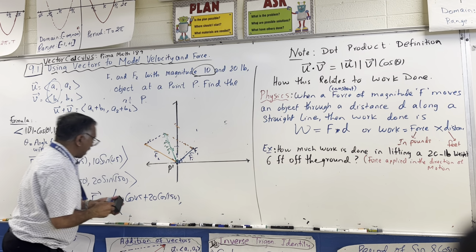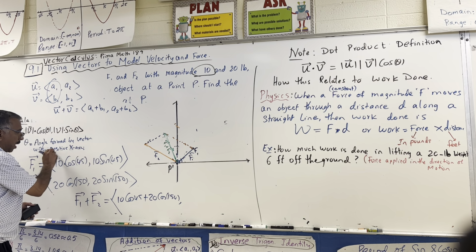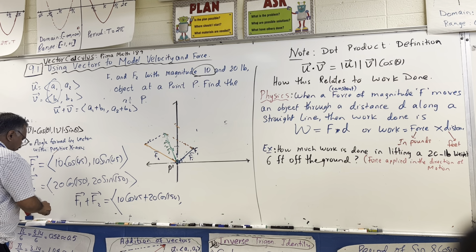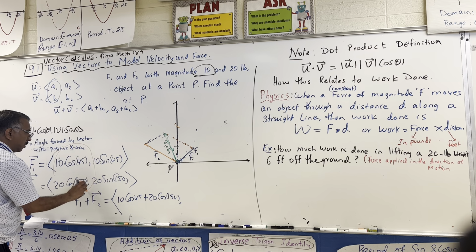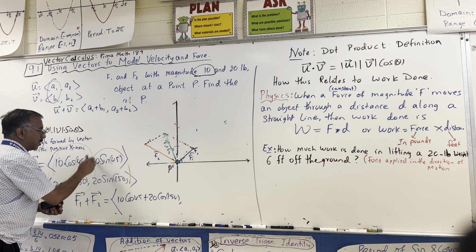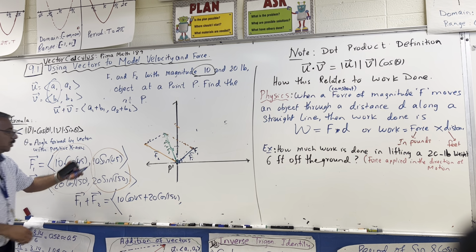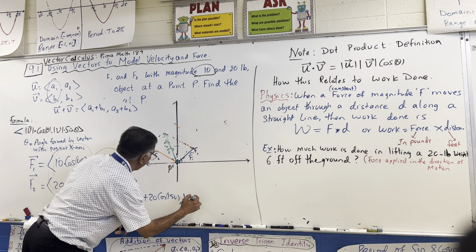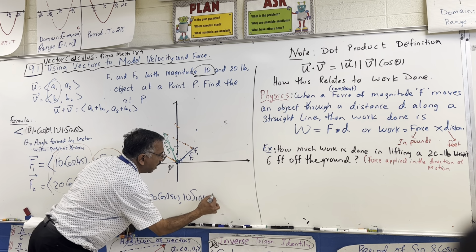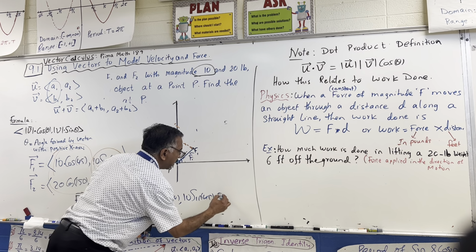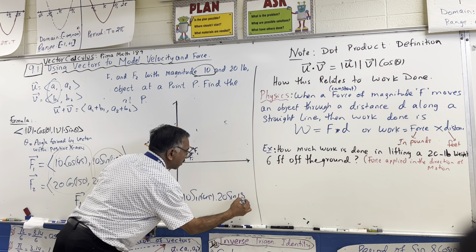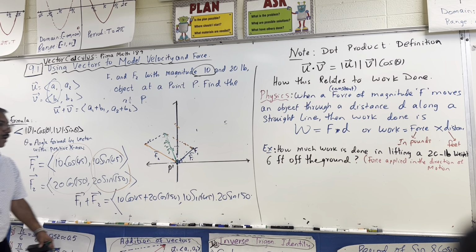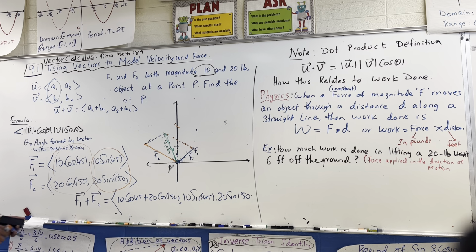So you combine these two, and you combine these two. Agree? So it is 10 sine 45 and 20 sine 150. Got it, right? And the rest is what you use your calculator for.